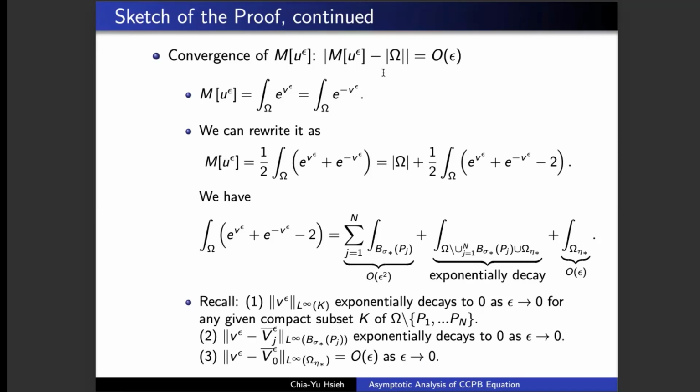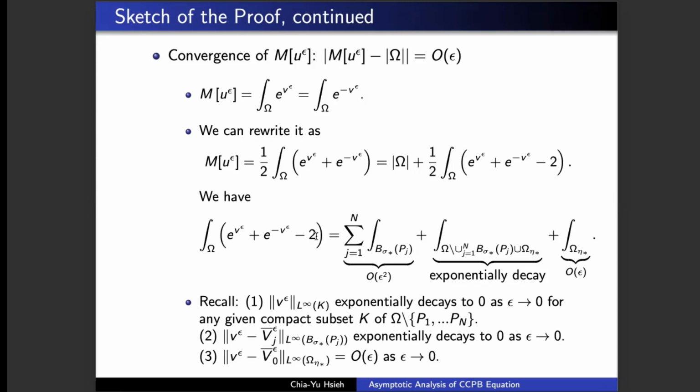In order to get the measure of omega, we can add 2 and subtract 2 in the integral. The plus 2 will give us the measure of omega, and the remainder will be the integral of e to the b plus e to the minus b minus 2. So the next thing is to estimate this integral.